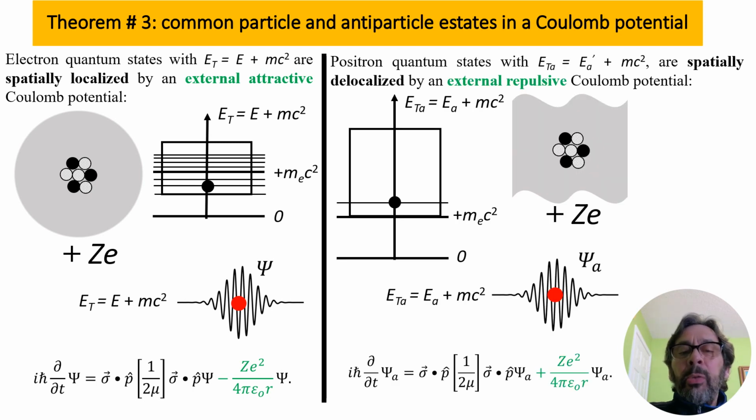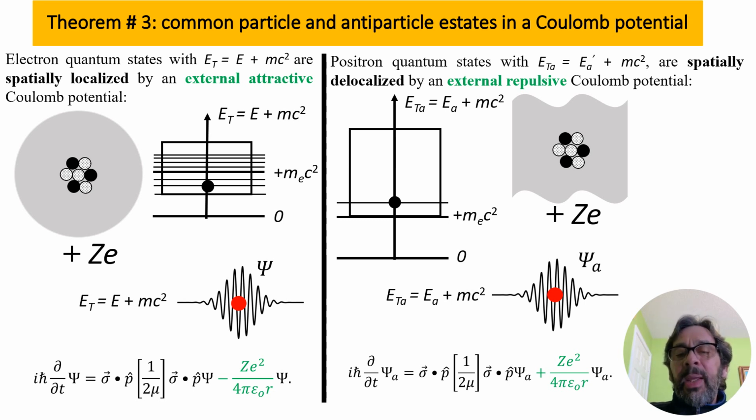It is also well known that positron quantum states with total energy E sub I prime plus mc2 are spatially delocalized by the external repulsive Coulomb potential produced by a positive nucleus. The positron is repelled by a positive nucleus, and for this reason, these states are spatially delocalized.